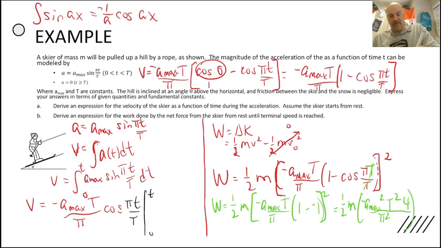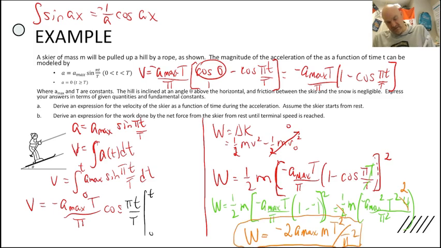Well, that 4 and the 2 cancel out because it makes it a 2 up there. And so your final work equation is going to be negative 2 a max m T squared divided by pi squared. But that is going to be our work done by this rope pulling the skier up the hill.